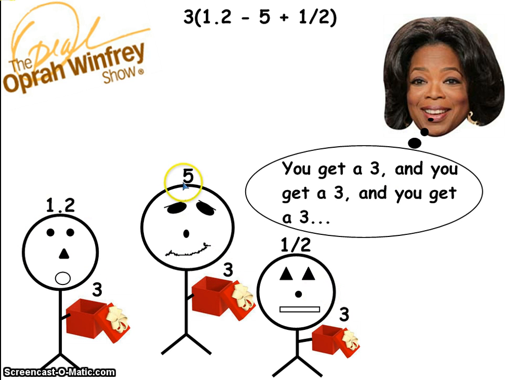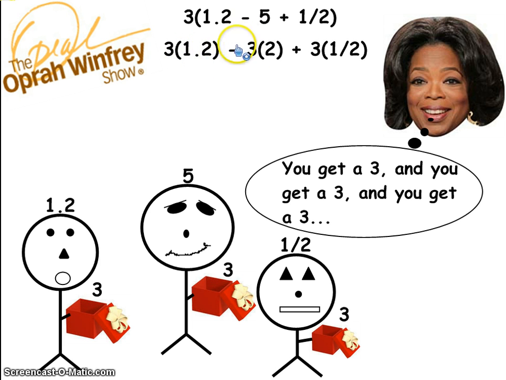Everybody inside the parentheses is multiplied to 3. So then it would look like this once we distribute the 3 to each number on the inside of the parentheses: 3 times 1 2/10 minus 3 times 5, plus 3 times 1/2. So each number on the inside of the parentheses receives a 3. That is exactly how the distributive property works.